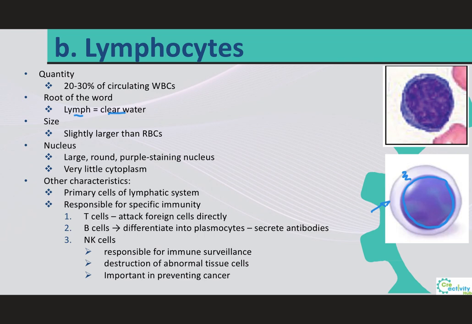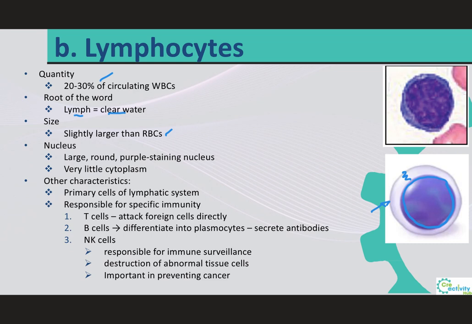Lymphocytes are usually slightly larger than a red blood cell, and they account for about 20 to 30% of the white blood cell population. So it's a big chunk of the white blood cell population. But remember that neutrophils are the ones that have the greatest population within the white blood cells.